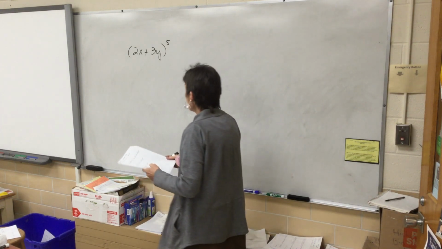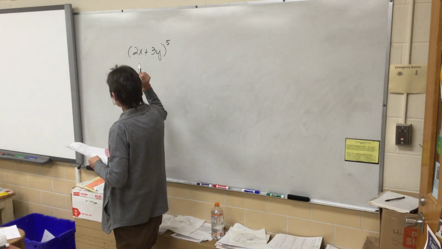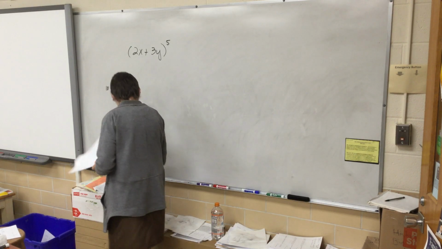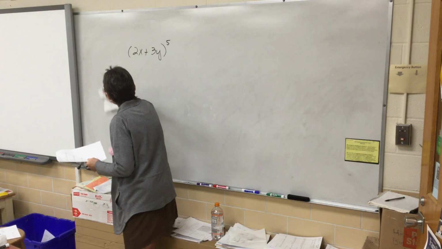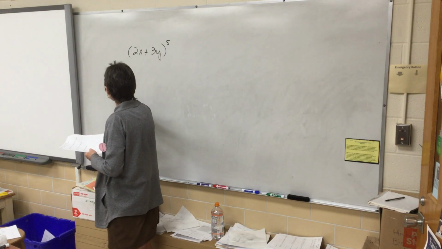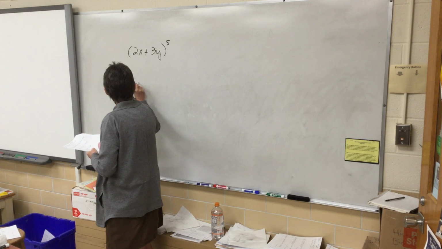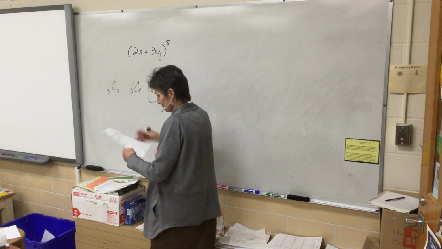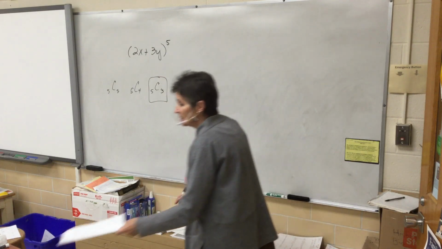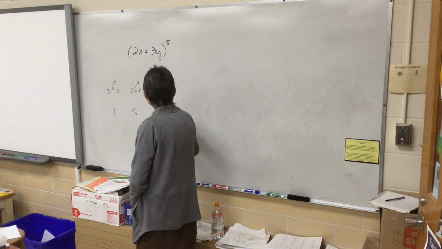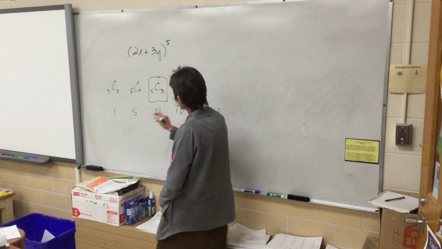But we also have now discussed that the 5th row would be 5C5, 5C4, and the third term is right here. That's the term I want. You could also use 1, 5, 10, 10, 5, 1, which is the 5th row.